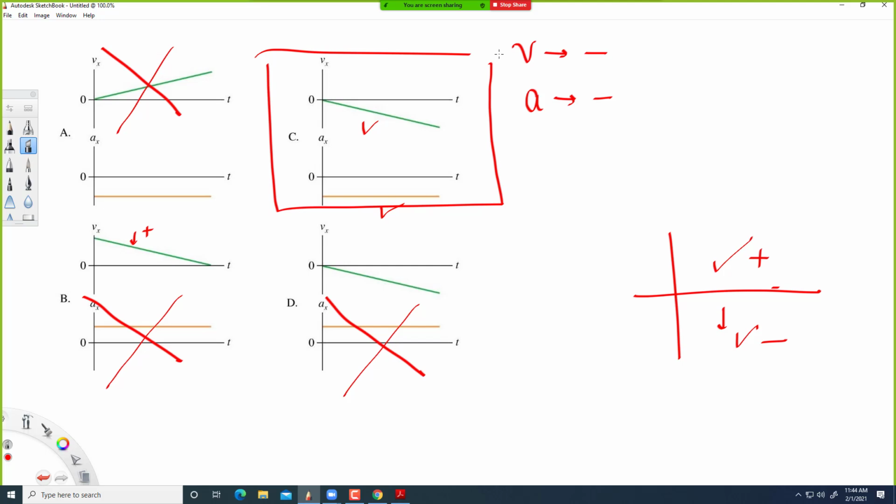Okay, the last one. So which graph represents velocity versus time corresponding to the given acceleration graph? E?